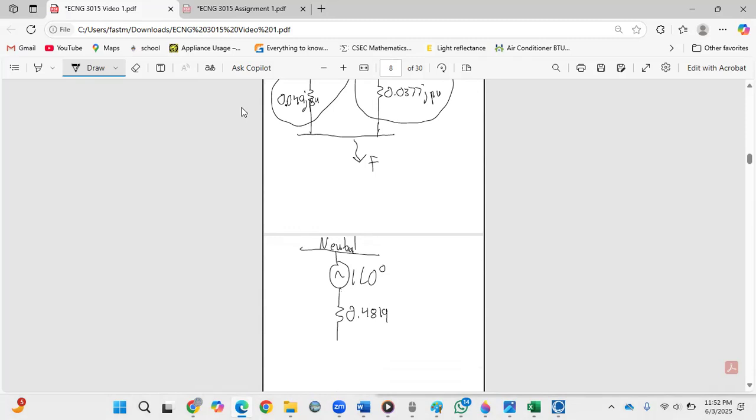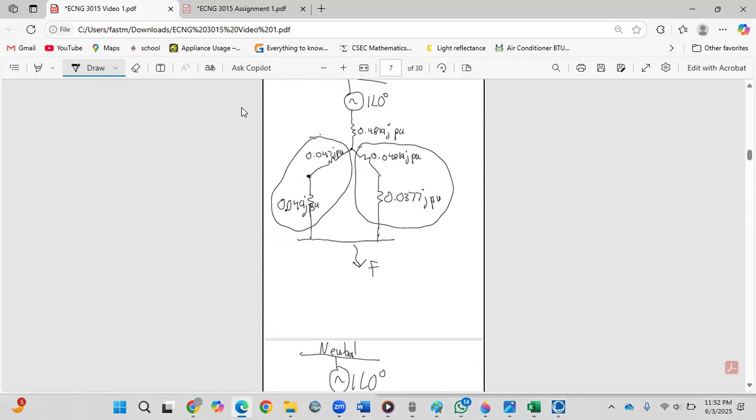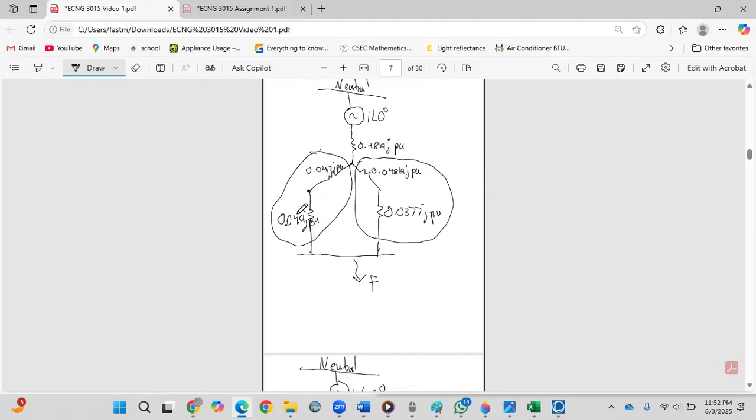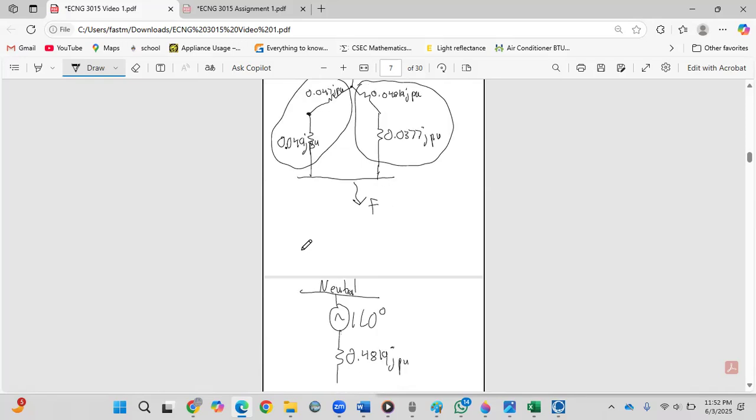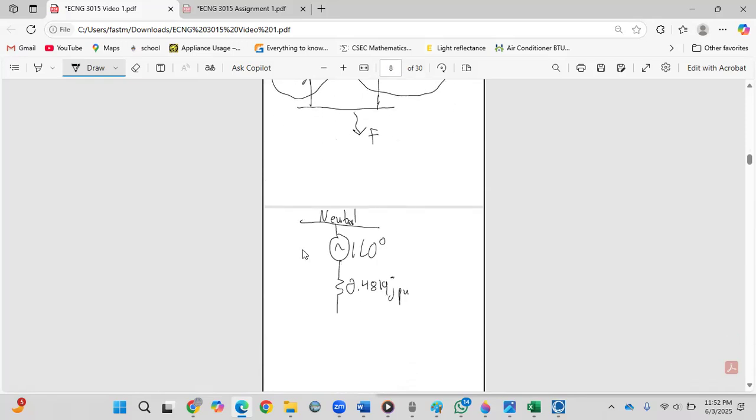Then we have the sum of the two equivalents. So this piece, when you add these two together, it has a split. So it'll be 0.096 J per unit, and then this piece will be 0.086 J per unit.